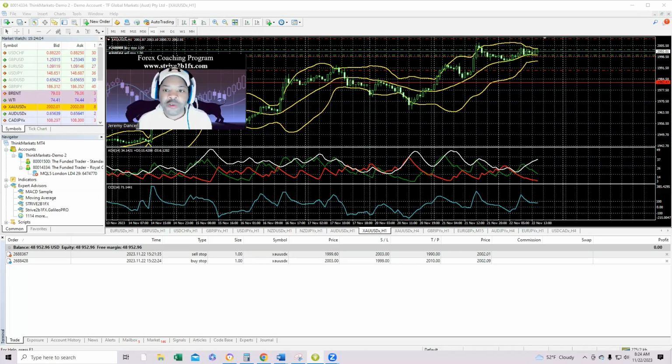So now we're watching and just waiting to see which one of these trades is going to be triggered. Now, the idea is both of these trades should not be triggered. Only one of them should be triggered.